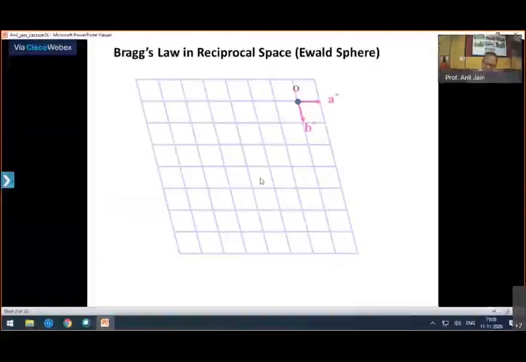Here I am drawing the reciprocal space in the AB plane, and you can construct Bragg's law in the reciprocal space.